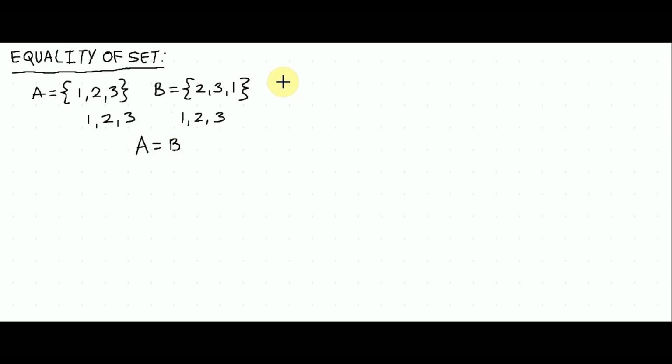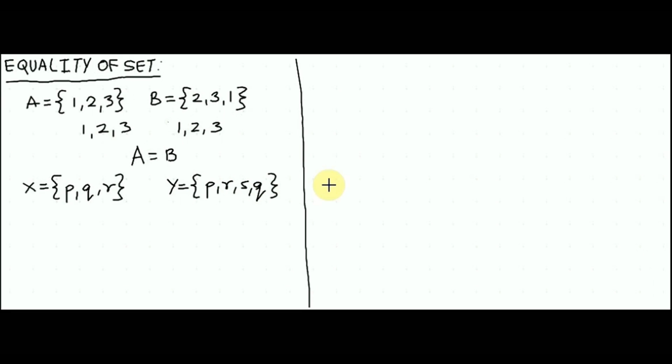Let's see another example. X equals P, Q, R. So these are the elements of X, and I'm taking another set, Y, as P, R, S, Q. Now we'll compare the elements of X and Y. The elements of X are P, Q and R. The sets X and Y have different elements, as we can see here.